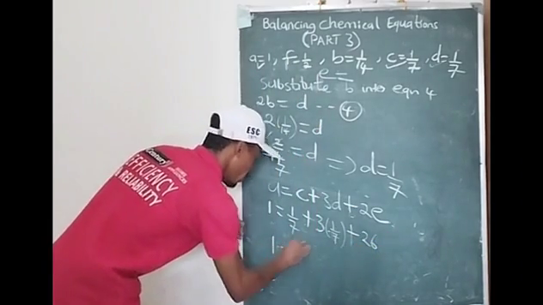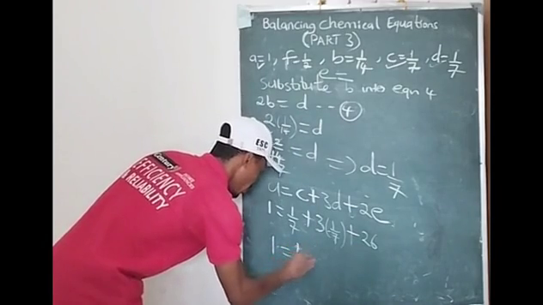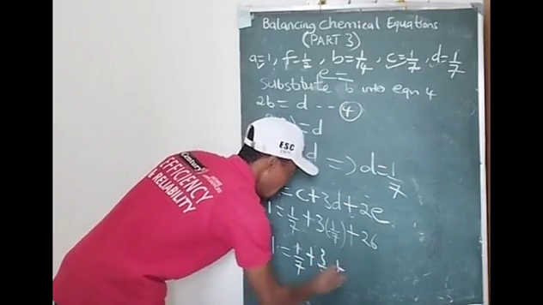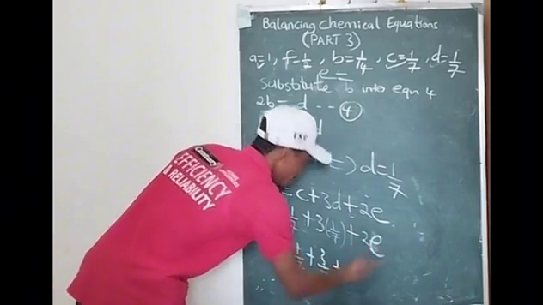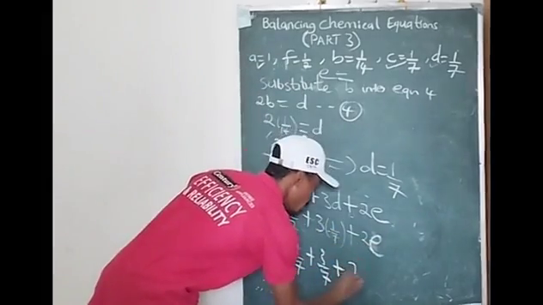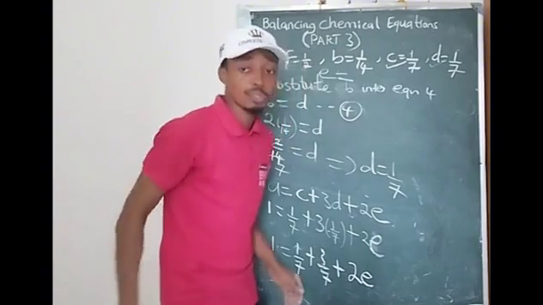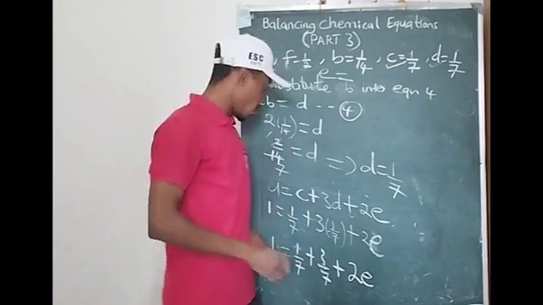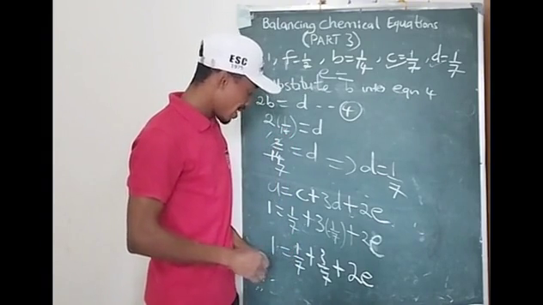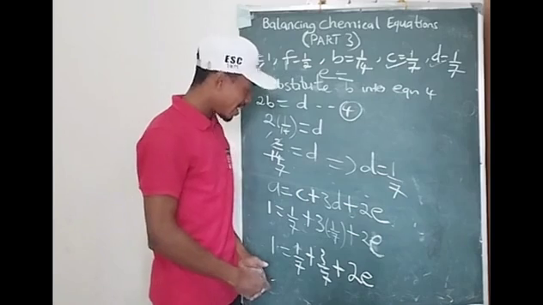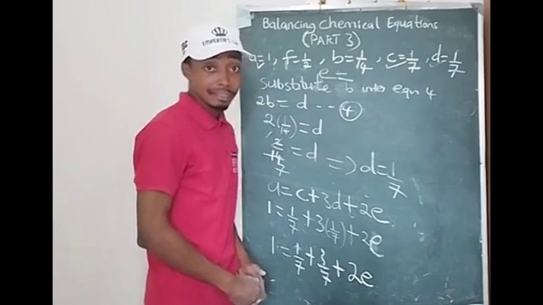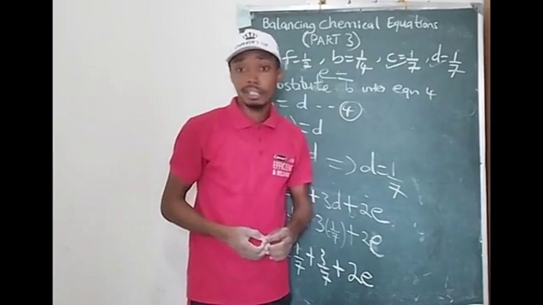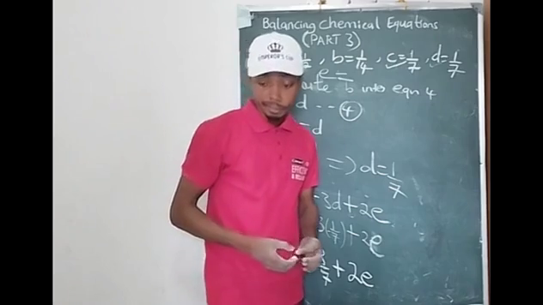Obviously, this is 1 equals 1 all over 7 plus 3 all over 7 plus 2E. So moving from there, you can do this and find E. Just to test your knowledge.